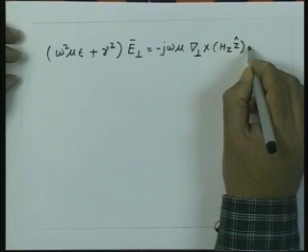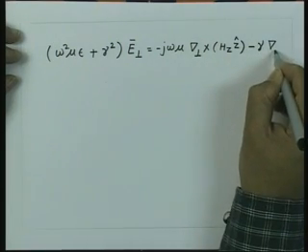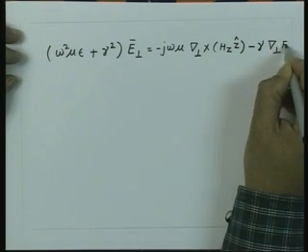So, that is minus gamma del perpendicular Ez.